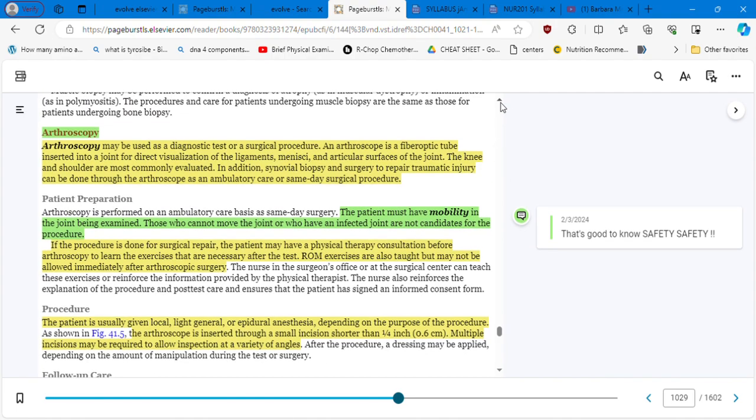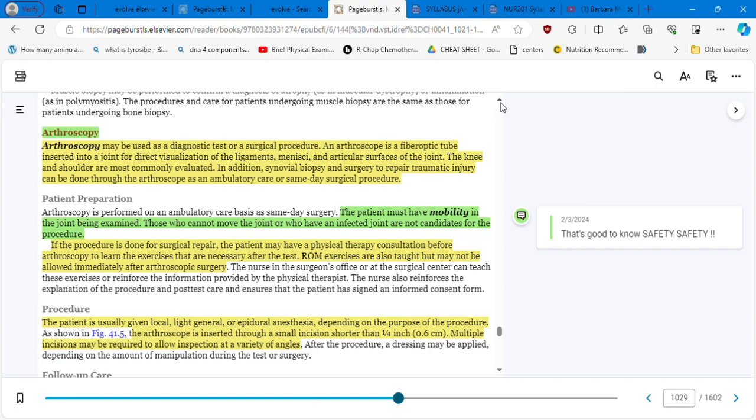Rationale for this. If you're going to insert a fiber optic tube into a joint, and the patient cannot move, that means there is a neurological problem there. Are you going to insert something to cause further damage in the nerves? No. If the patient is having an infection and you are inserting a fiber optic tube that probably, maybe, who knows, is not sterile, right?